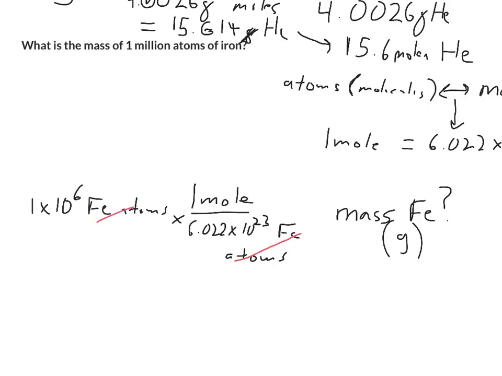Iron atoms cancel. If the calculation were to stop here, we would have moles of iron. But again, the question is asking for mass, so we're not finished yet. We need the molar mass of iron from the periodic table to continue.